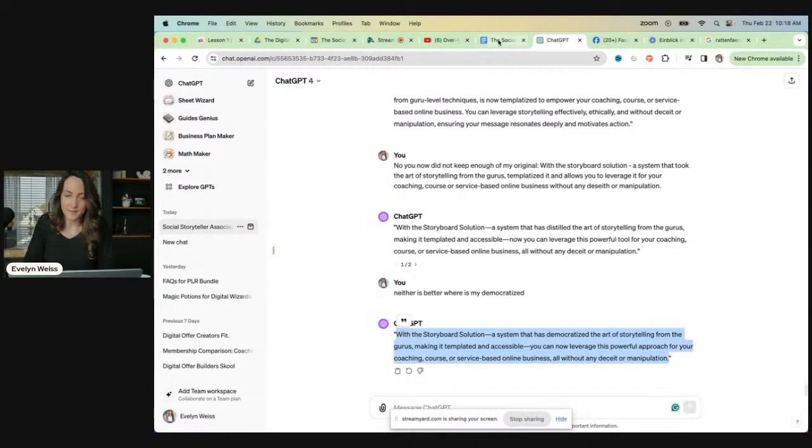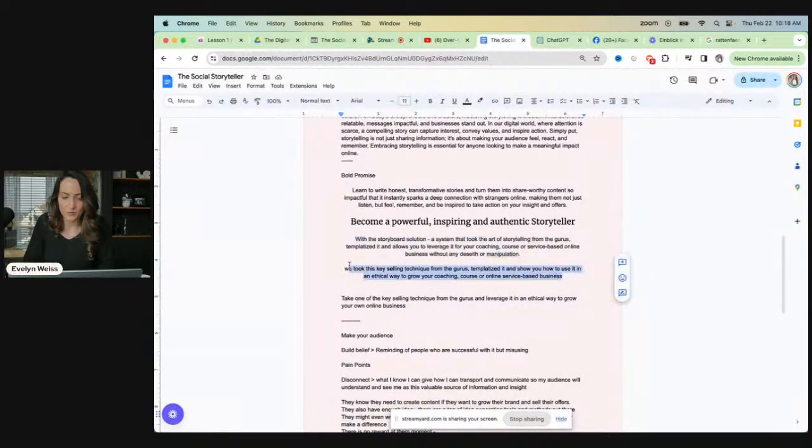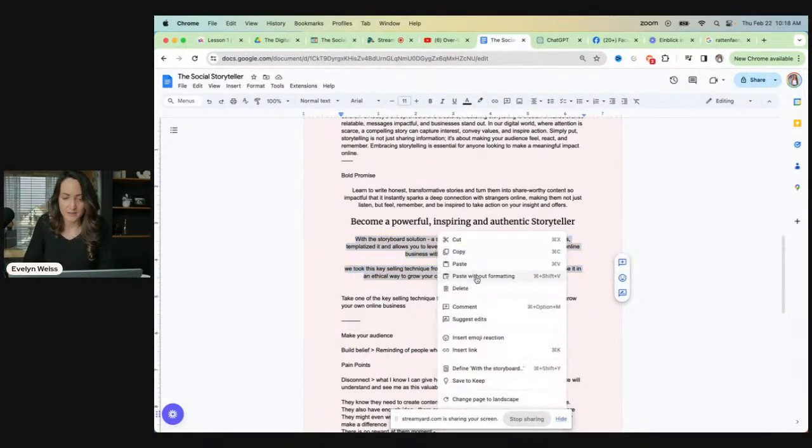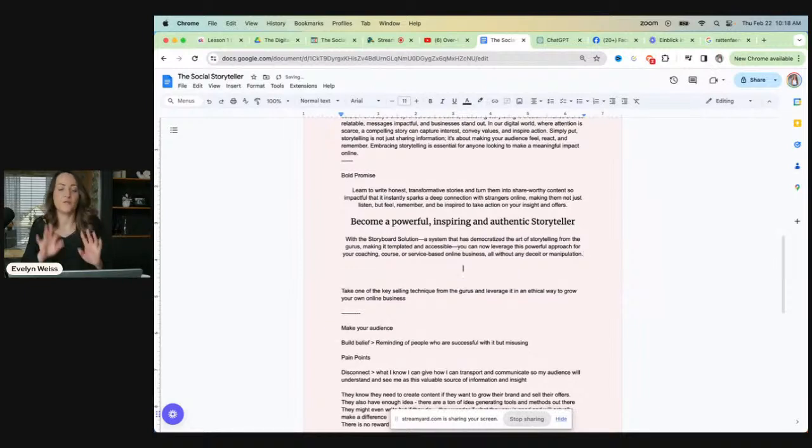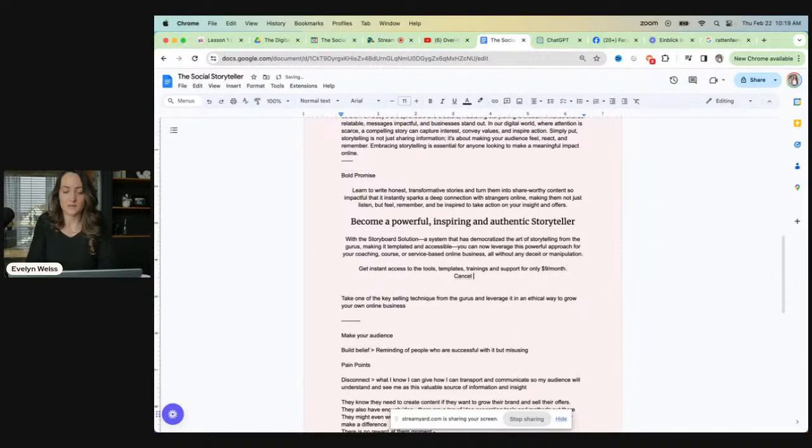And so sometimes I feel like I am cool with the above the fold part of the sales page. So now I would say get instant access to the tool, templates, training, and support for only 9 months. Cancel any time. And then there's the button.